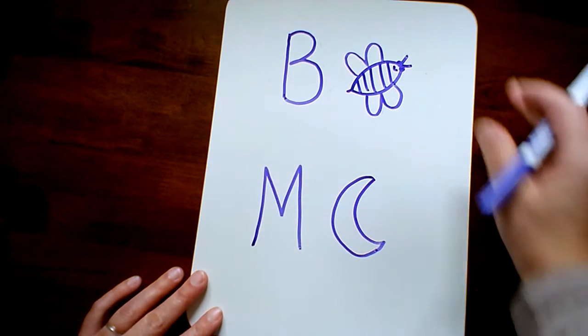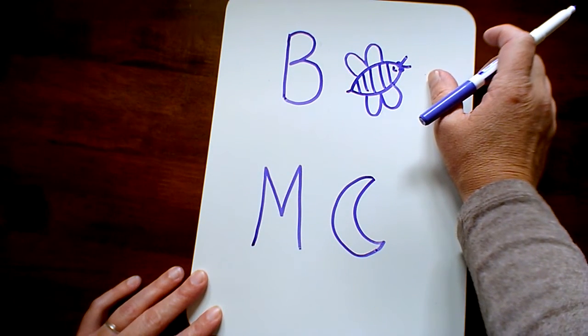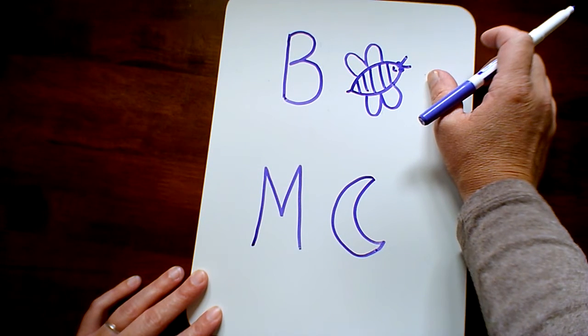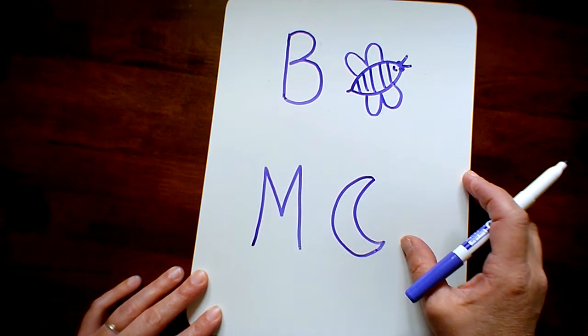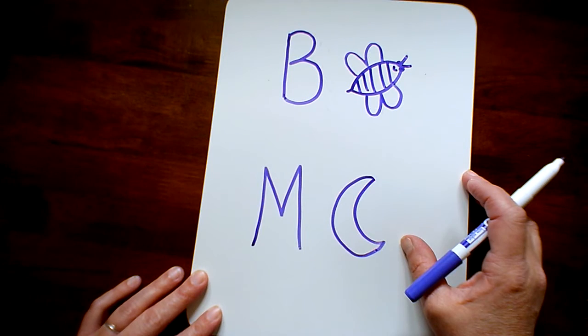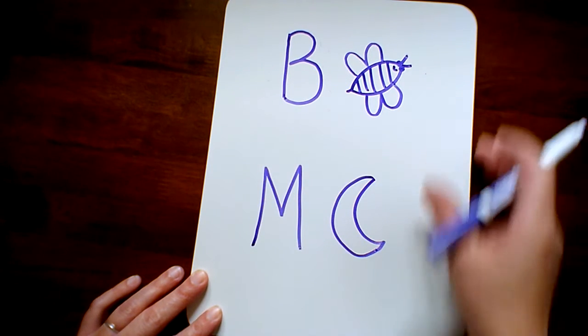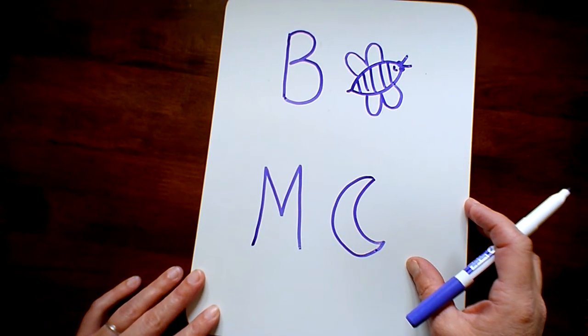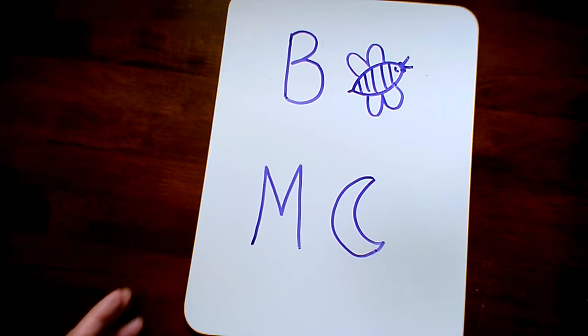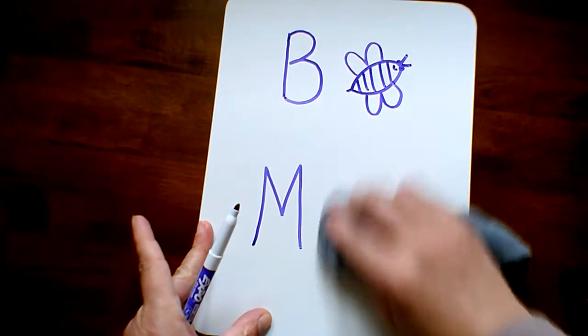Okay, let's make the sound for B again. B, B, B. Let's make the sound for M. M, M, M. Okay. I'm going to draw a picture, and I want you to tell me which one of the letters it starts with, okay?